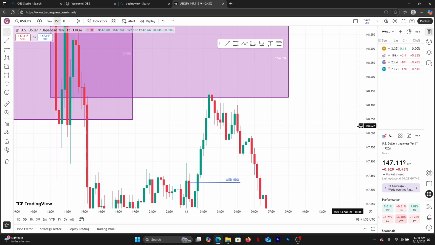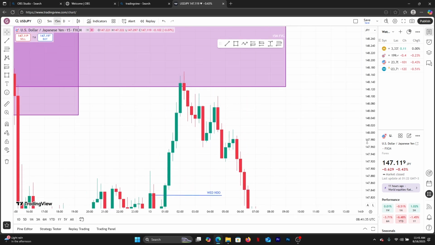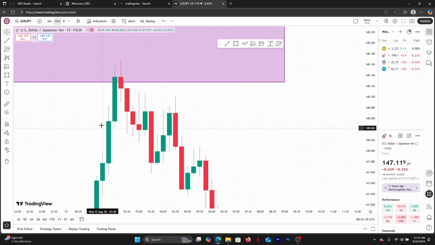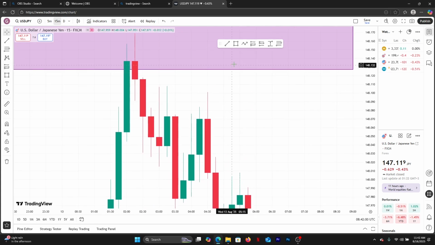Instead, we are waiting for a change in state of delivery. And where is that change in state of delivery happening? We have this bullish candle closes inside this fair value gap, and then we have a series of down close candles that now will close below until we get a candle that closes below this bullish candle, and that is where now this happens.